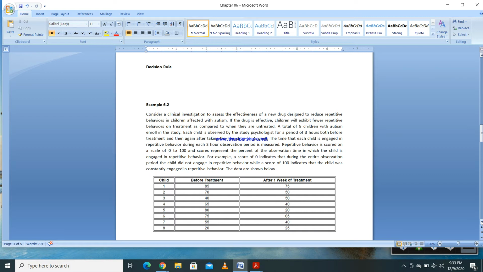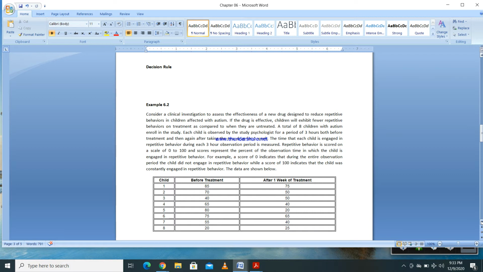For example, a score of 0 indicates that during the entire observation period, the child did not engage in repetitive behavior, while a score of 100 indicates that the child was constantly engaged in repetitive behavior. The data are shown.